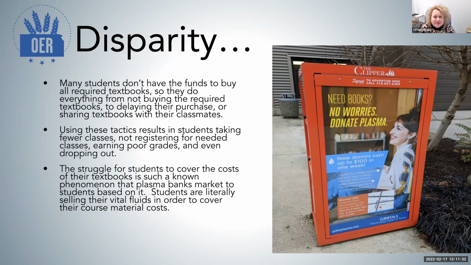Now, this is the part, the first time I heard this really blew me away. The textbook cost issue is such a big deal that there are actual plasma banks on campus marketing to students. This is an actual legit ad that is placed on a campus. And it's saying, need textbooks, donate your plasma.